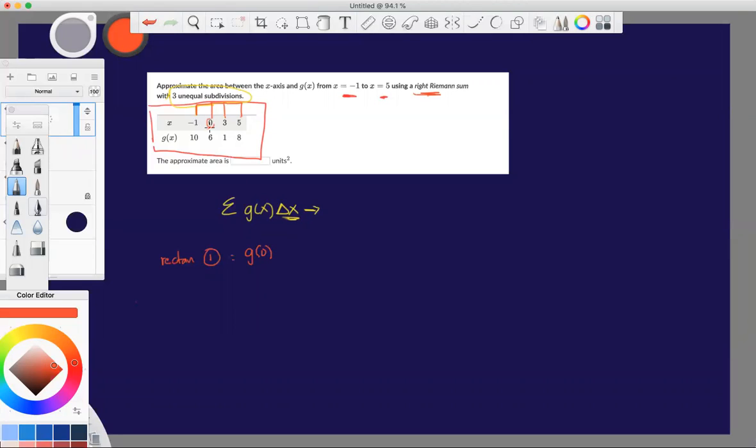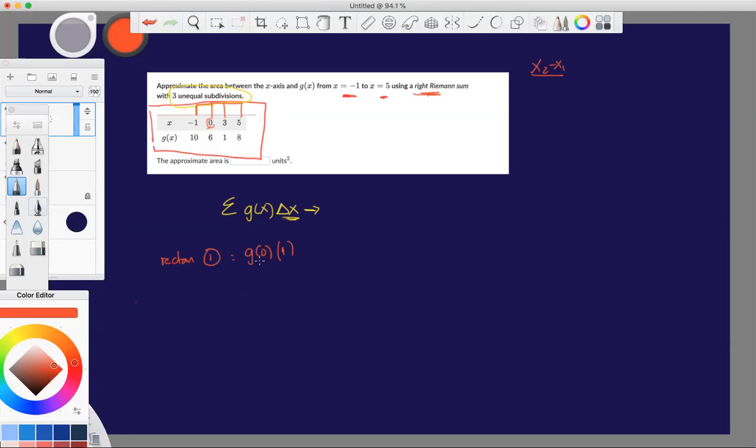And for our delta x, that would still be x sub 2 minus x sub 1. In this case, that's going to be 0 minus -1. And that would just give us what? 1. Very good. So you'll have g of 0 multiplied to 1.